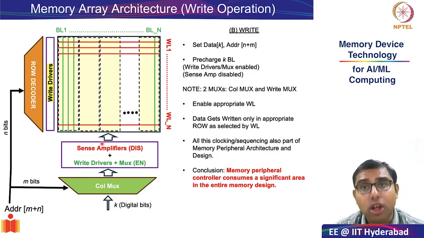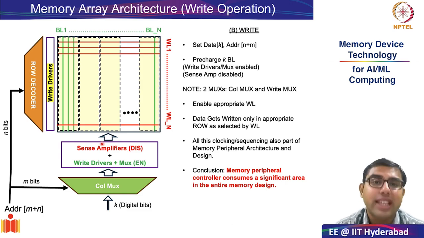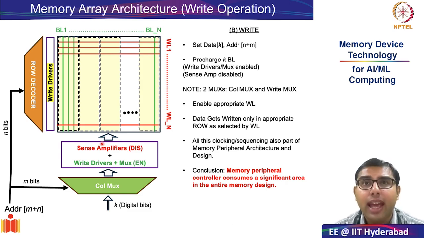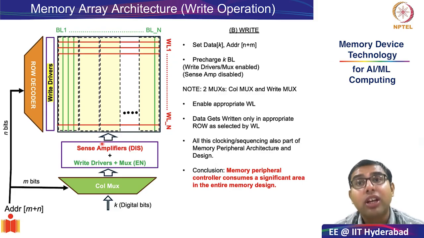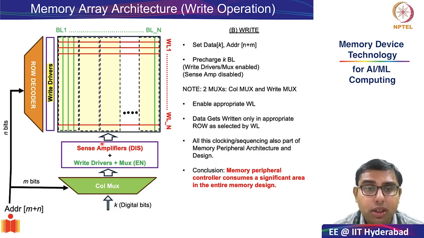So let us conclude our discussion today. What we saw essentially is how rectangular arrays are converted into squarish arrays where the number of bit lines and word lines are the same. We introduced the very important concept of a page.